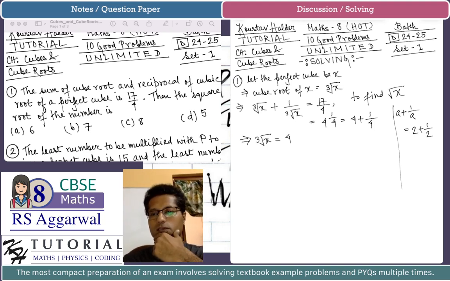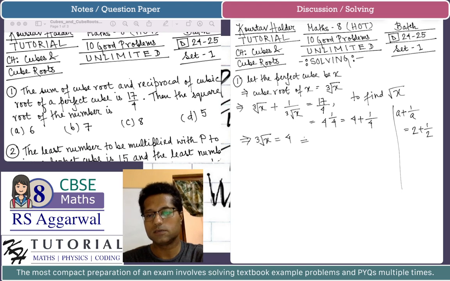And also from comparison we can always say that a equals 2. So we have cube root of x equals 4.